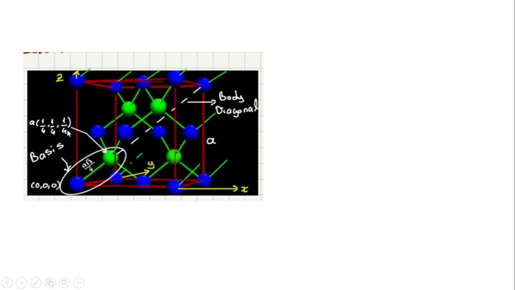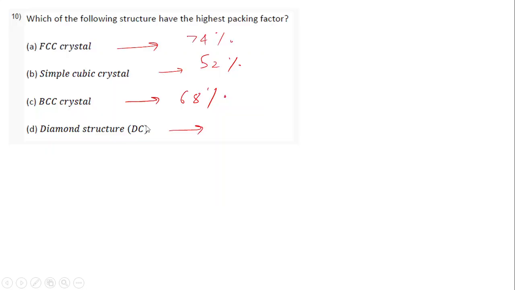If we study later how we define the basis and how we tell the coordinates, but basically this is how it looks. It's not FCC, it's not BCC, it's not simple cubic. The atomic arrangement is something like this. And the packing fraction for diamond is only 34%. So the highest is actually FCC.